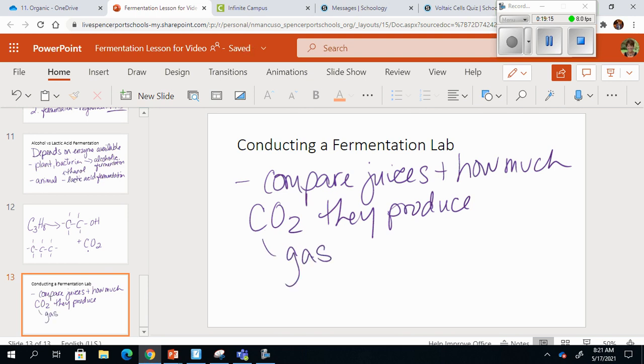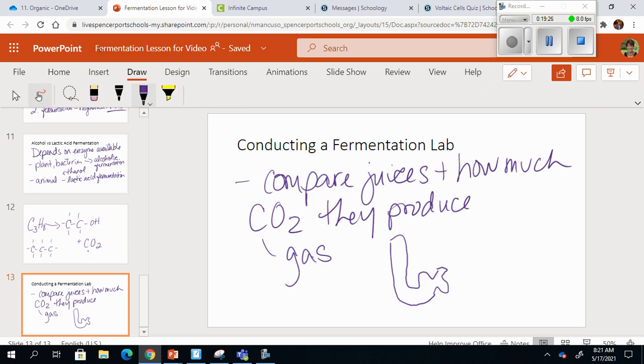So we actually have these little fermentation tubes. They look like this. It has a little bulb section to it. Sorry, that is a terrible drawing. Let me try that again. Let me erase that. All right, so it goes like this. Okay, that's better.